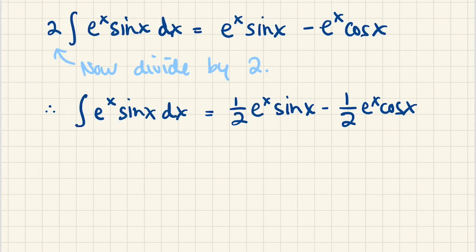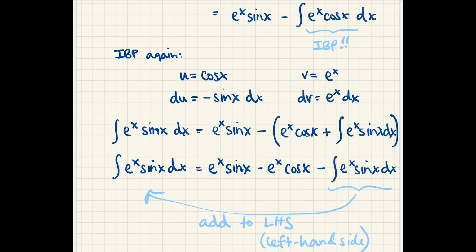And this being our final answer, we do need to just put that constant in, and now we're done. So this little move where you do integration by parts twice and then arrive at the original integral and add it to the other side and solve, that's called the boomerang method.